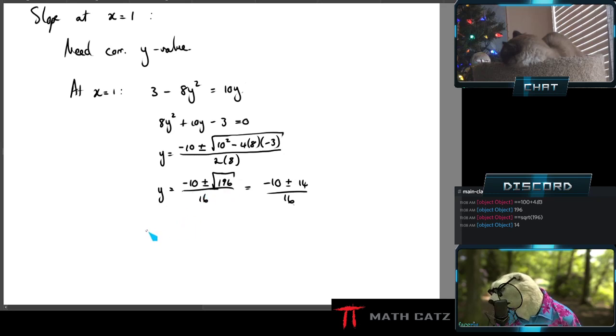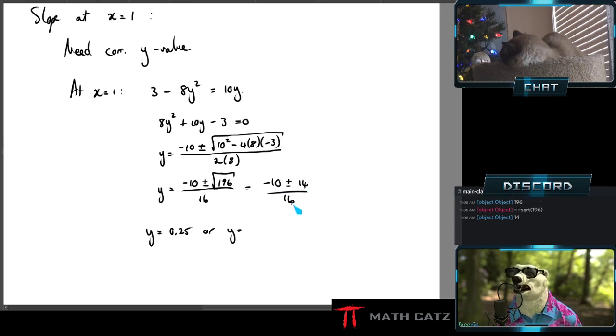So y is gonna be negative 10 plus 14. That's 4 over 16. That's 0.25. Or y is going to be negative 10 minus 14. That's negative 24, right?